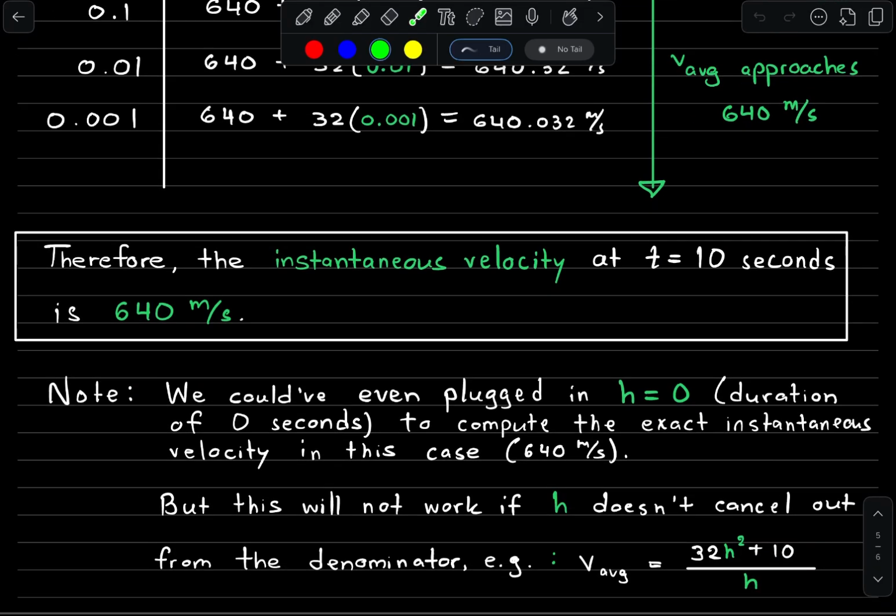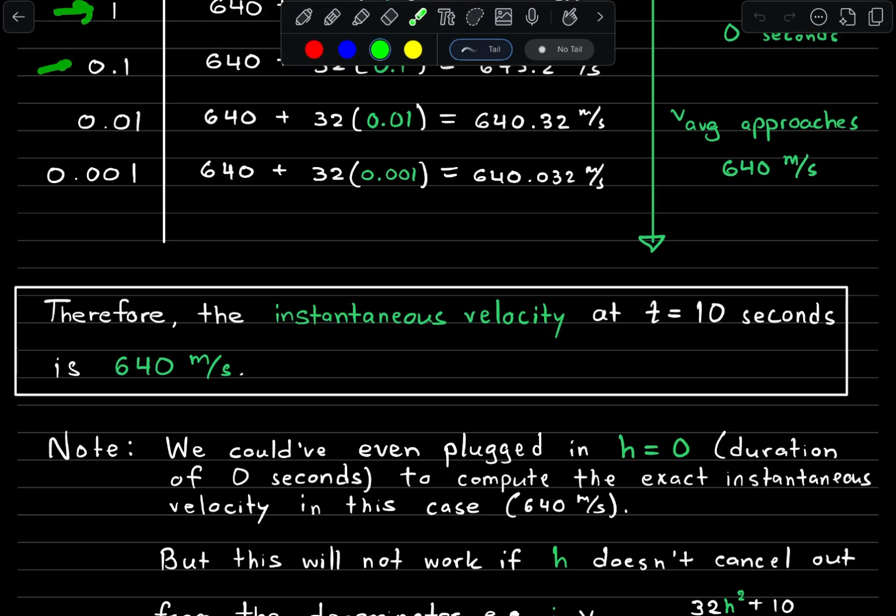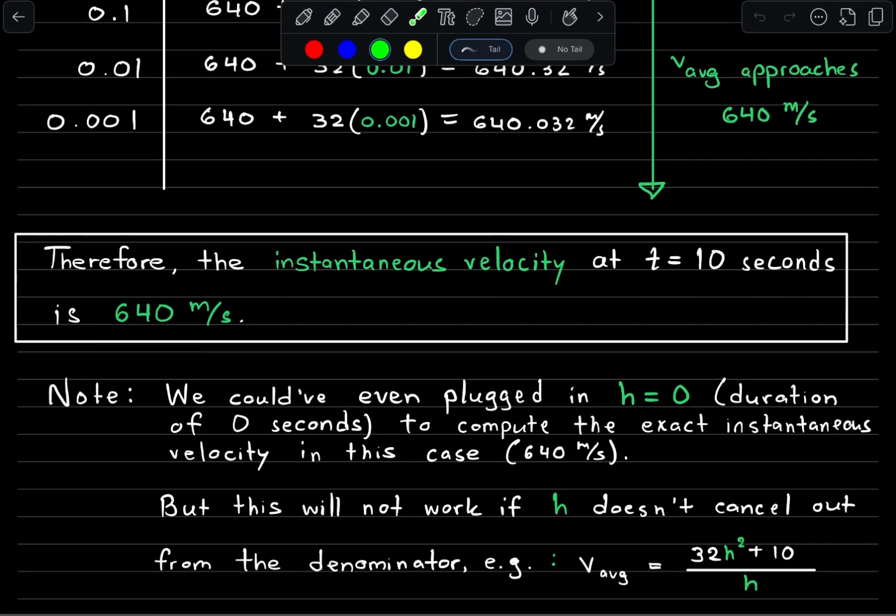So just want to make that note. For example, if the average velocity was given by this formula, 32h squared plus 10 over h, you can't plug in 0 here. But you can still use this approach. So you start with 1, go to 0.1, 0.01, 0.001, and so on, and you can see what you're approaching.